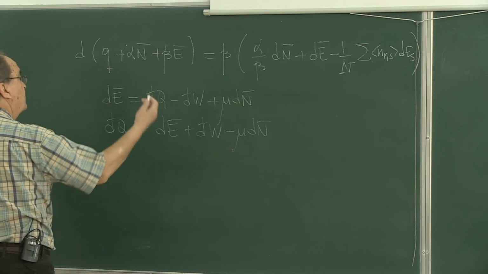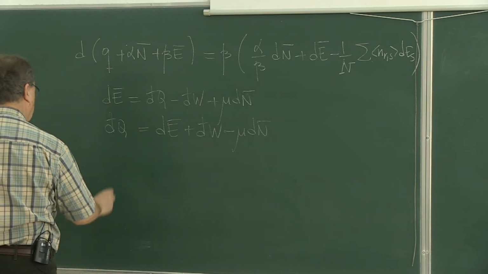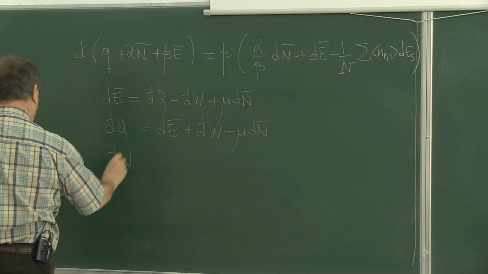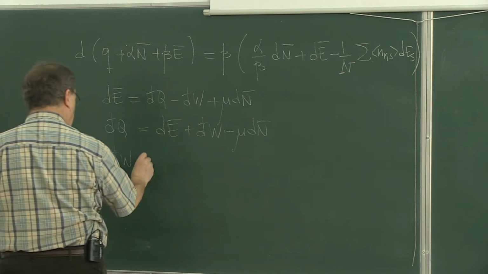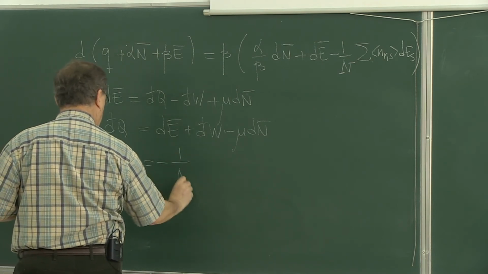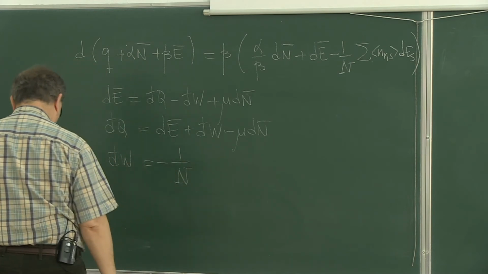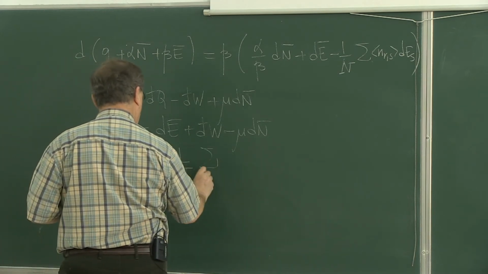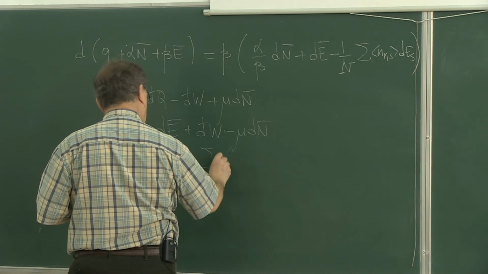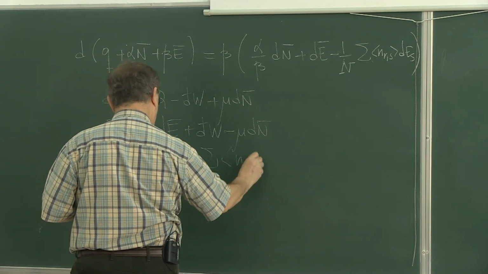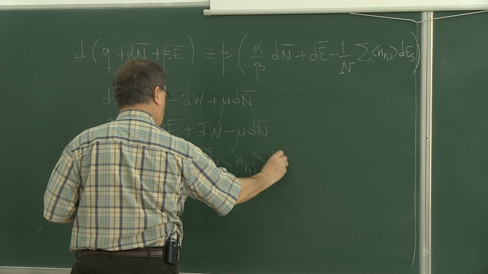So if you look at the expression, you can identify the infinitesimal work done as minus 1 over n r_s, n r_s d_s.